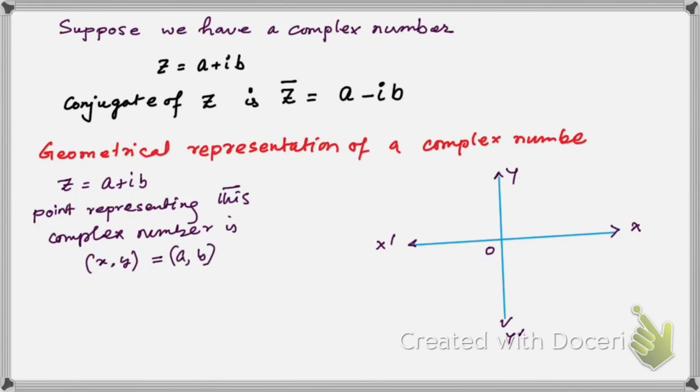Here a is the x coordinate and b is the y coordinate, and suppose this point is here, a comma b.